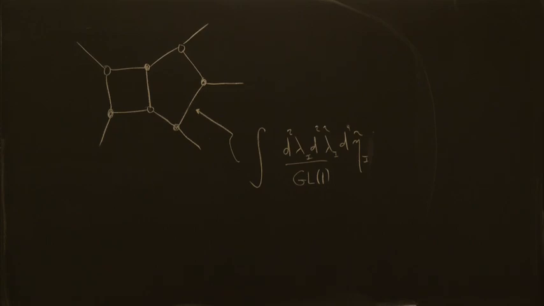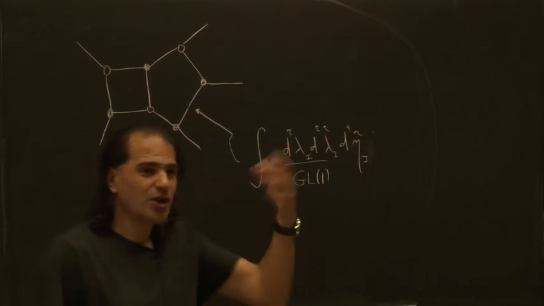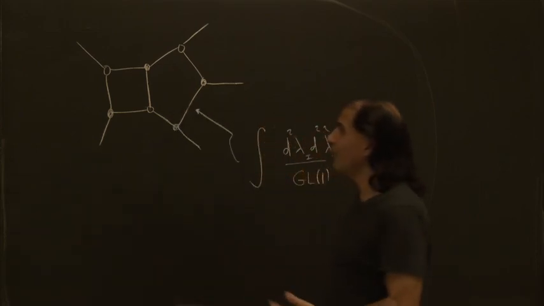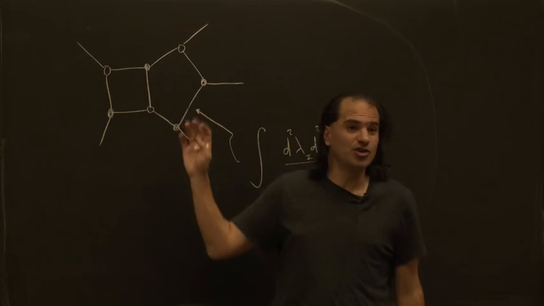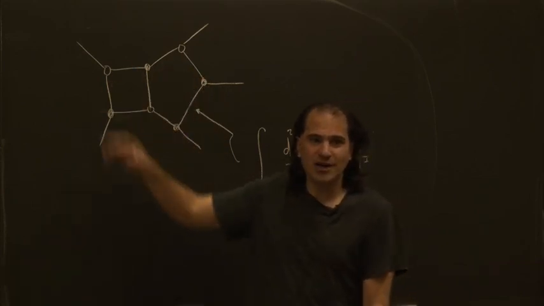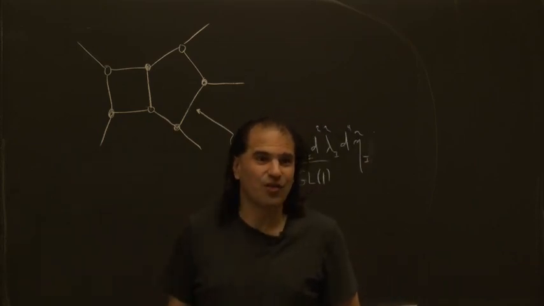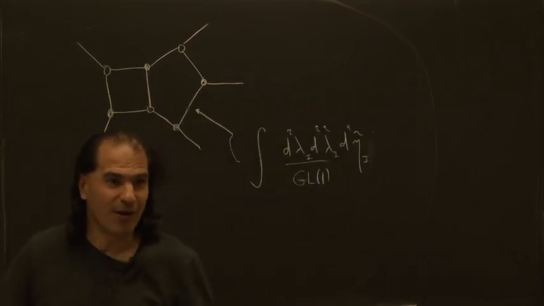It has a branch cut structure at loop level. If you ask about the discontinuities across those branch cuts, they're computed by putting internal lines on shell. And so if you take as many discontinuities as you can, they're captured by diagrams where everything in sight is on shell. That's one of the reasons they look like loop diagrams: they actually arise from discontinuities of loop diagrams as well.